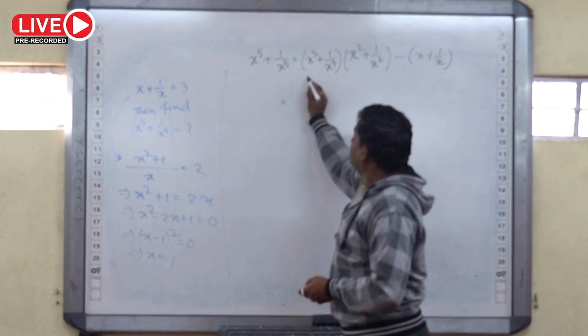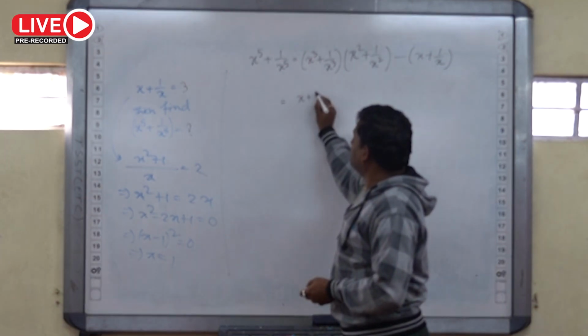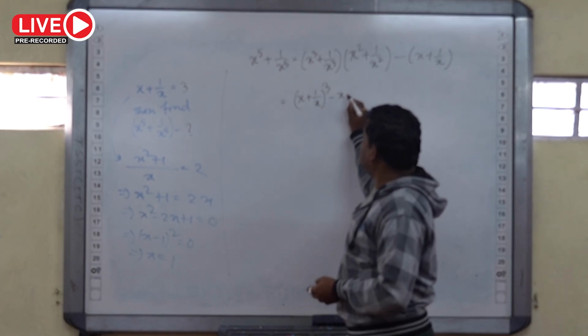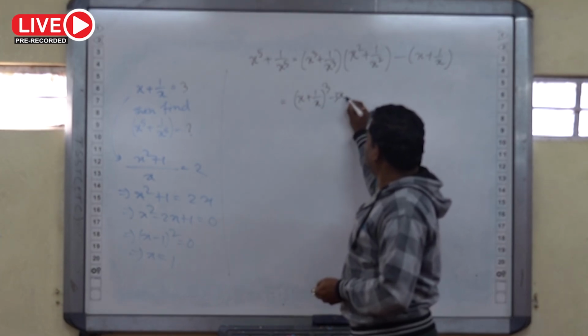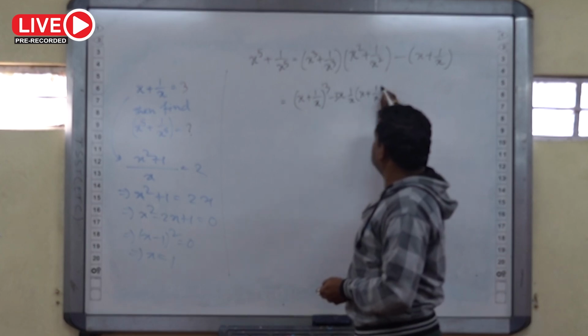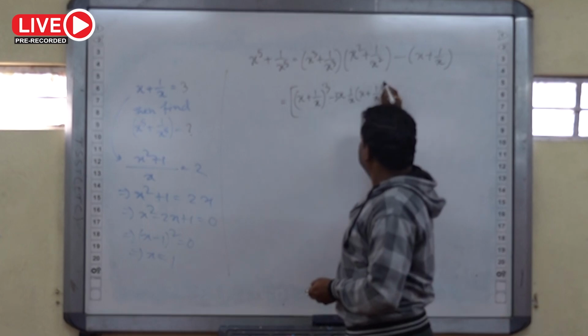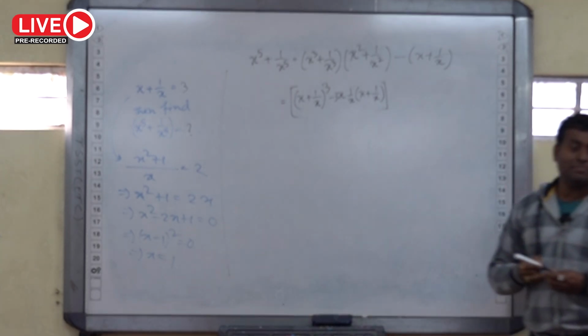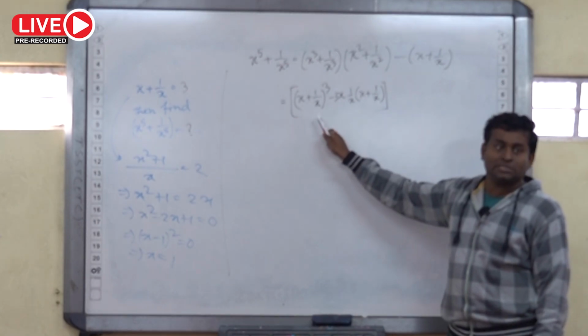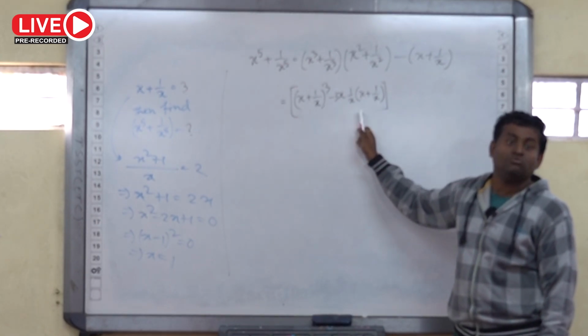Then for this part I can write x plus 1 by x whole cube minus 3 into x into 1 by x into x plus 1 by x. This first part, that is a plus b whole cube. a cube plus b cube can be written as a plus b whole cube minus 3ab into a plus b.